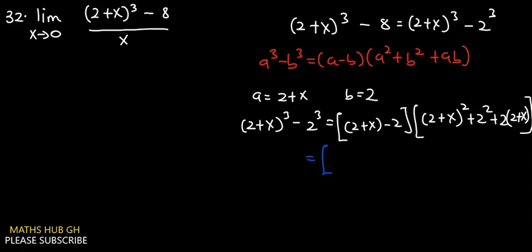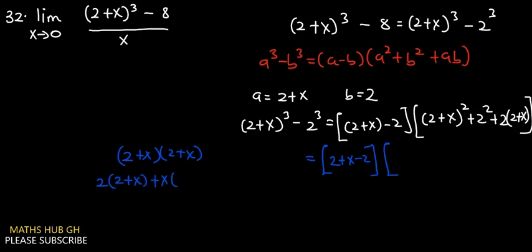So you're going to have 2 + x − 2 here, and then let's expand the (2 + x)². So you have 2 + x multiplying 2 + what? x. So that's going to give us 2 multiplying 2 + x, plus x multiplying 2 + x. If you further simplify this, that's going to give us 4 + 2x + 2x + x².